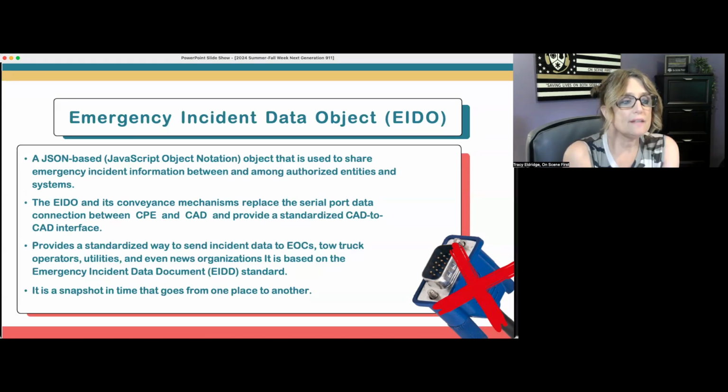The EIDO and its conveyance mechanisms replace the serial port data connection between the CPE and the CAD and provide a standardized CAD to CAD interface.